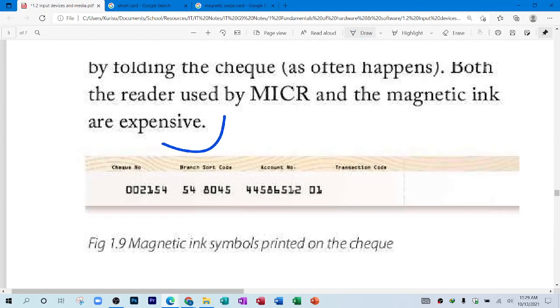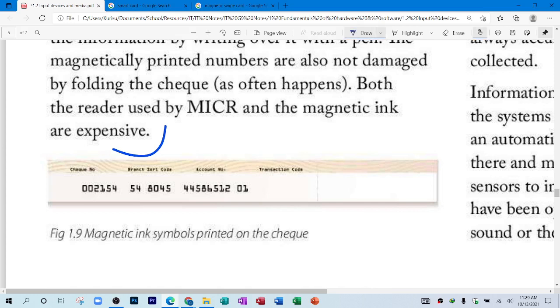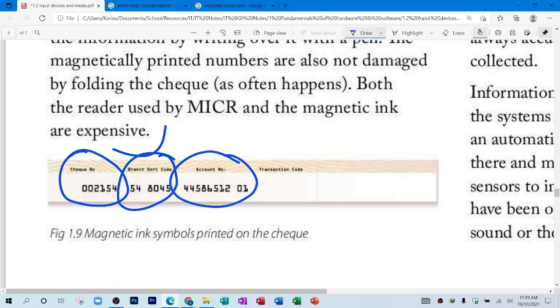Let me zoom out a bit. If you notice here, this is the number for the check number, this is the branch, this is the account number, and so on. When that information gets scanned, it would be inputted into the system.